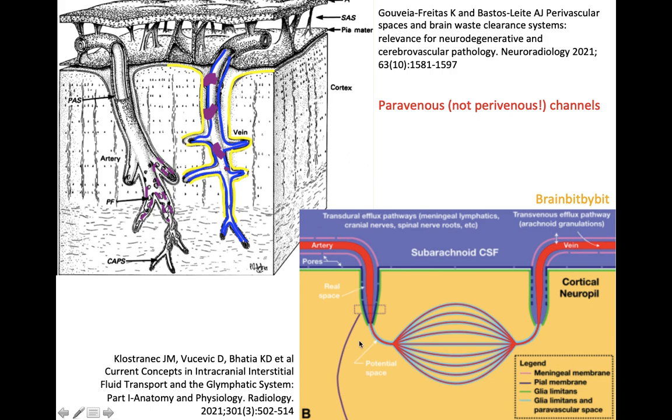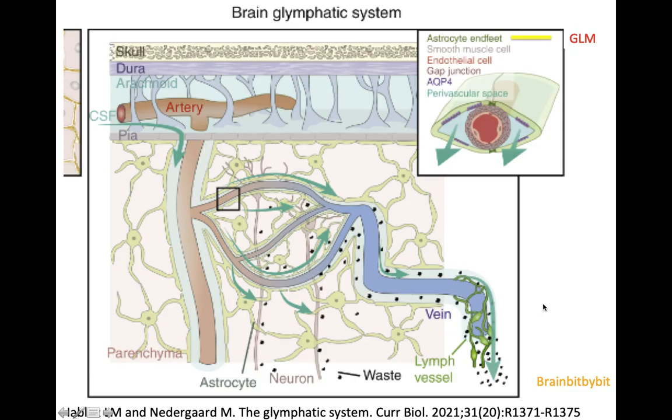And in this drawing you can also see it very nicely. So you have small holes in the leptomeninges, also purple in this drawing, at the side of the artery, and very large holes in the pial membrane at the level of the vein.